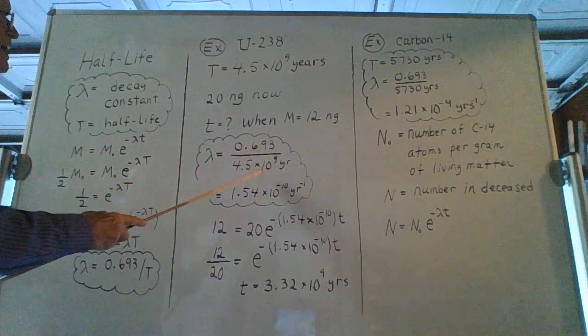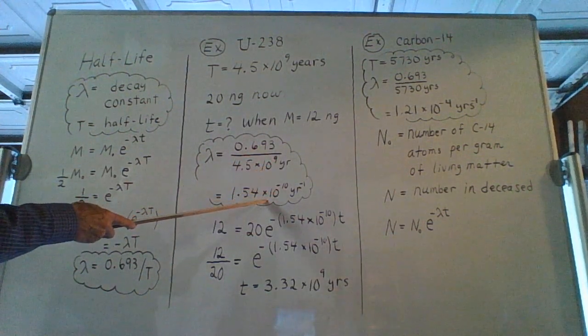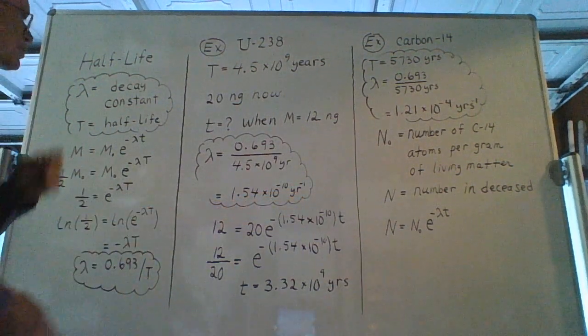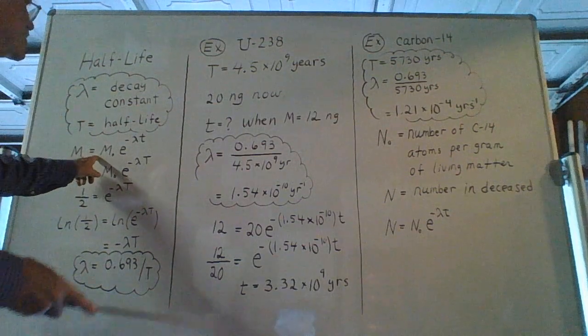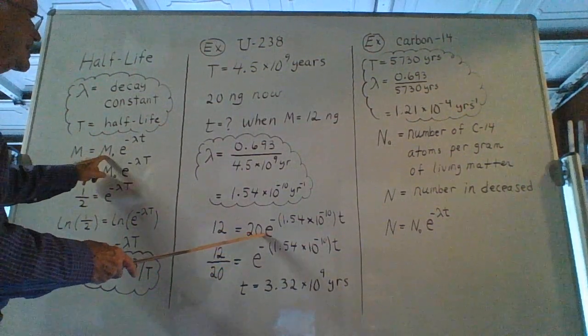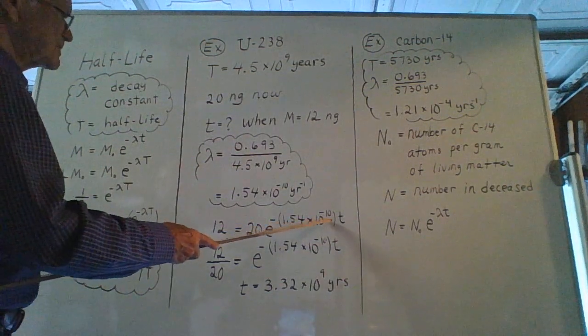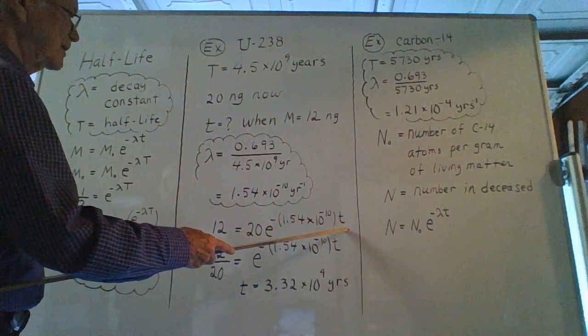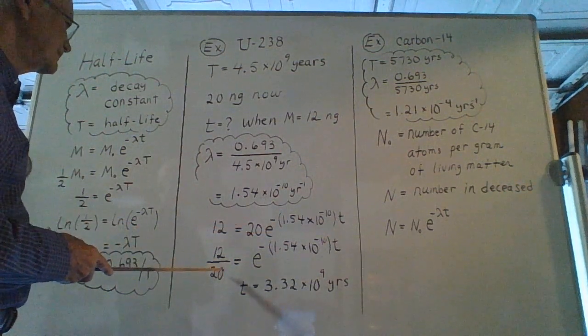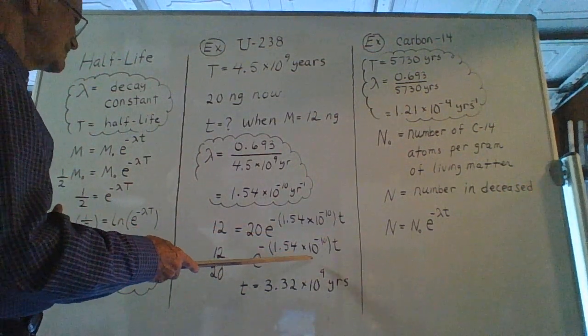0.693 divided by the half-life, this is what I got. Notice the units are reciprocal years. Now, we use the decay equation here, substituting for the masses, 12 and 20, and there's the rest of the exponential power. Divide both sides by 20, and this is what you have.